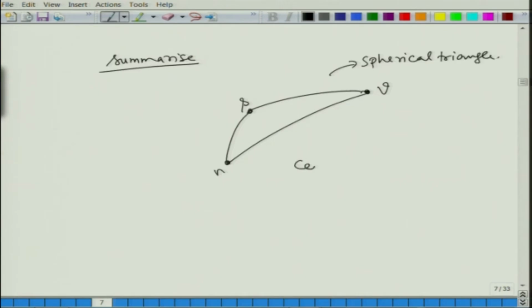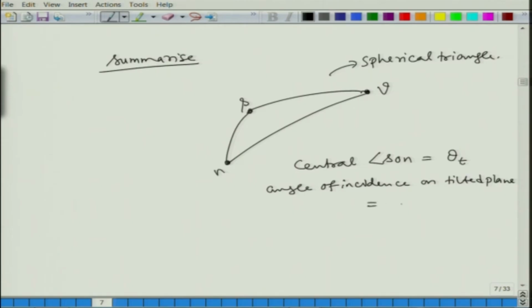Here the central angle SON is our theta t, the angle of incidence on the tilted plane, and this is the same as the arc NS, that is the arc that we subtend on the surface of the sphere.